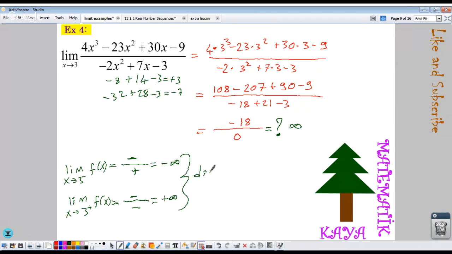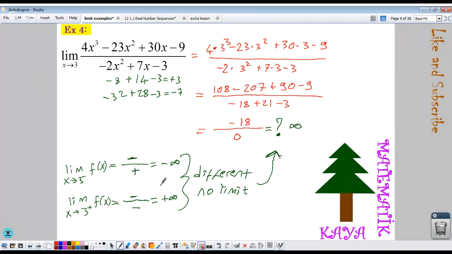Since they are different, no limit. So no result for this example. If they were asking us to check only from the left side, we could write it's going to be minus infinity. Check only from the right side, we could write plus infinity.